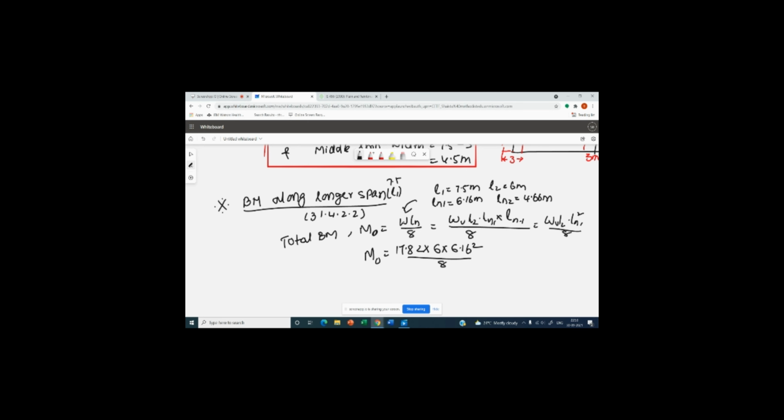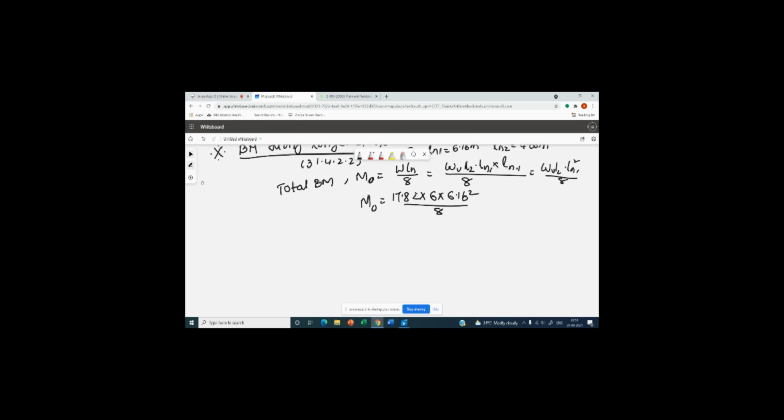We are converting the load which was over an area into a point load by multiplying with the area of the panel when considering across span 1, into the span 1 clear length, by 8.